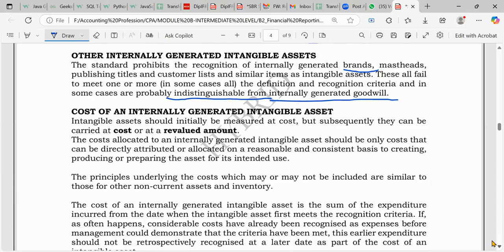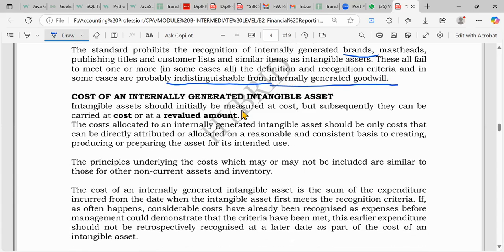Cost of an internally generated intangible asset. Intangible assets should normally be initially measured at cost, just like for PPE. Subsequently, they can be measured at cost or revalued amount, just like for PPE: cost model or revaluation model.